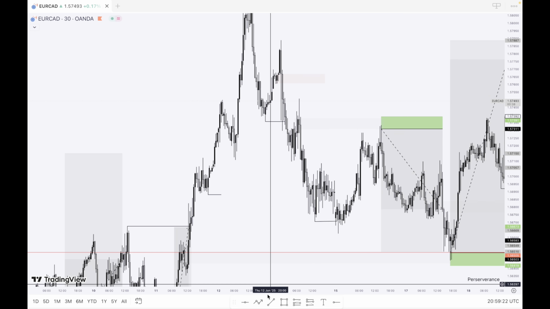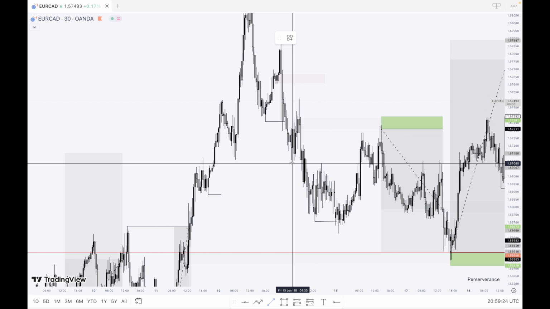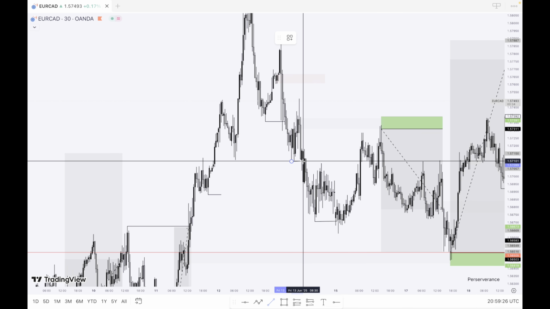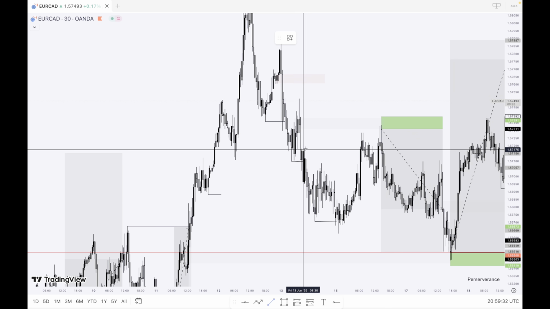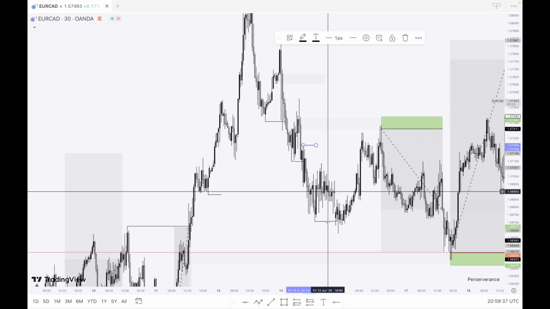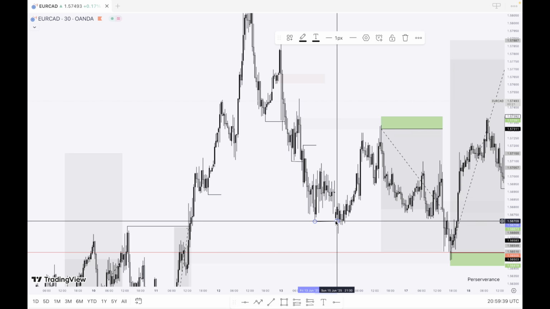Price gave us a break. This was a break of structure, right? So we had a break of structure here. Now the first pullback after that break of structure is now this level, which means this inducement, and then market now actually broke structure again at this particular level, right?